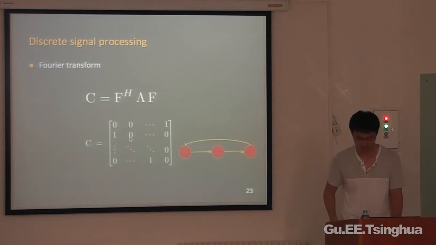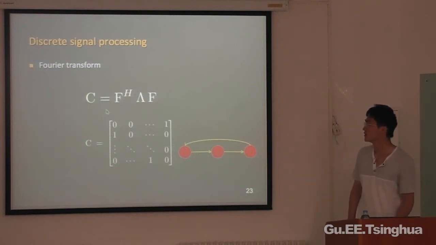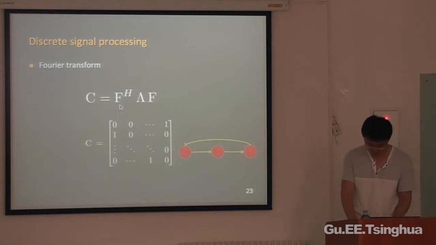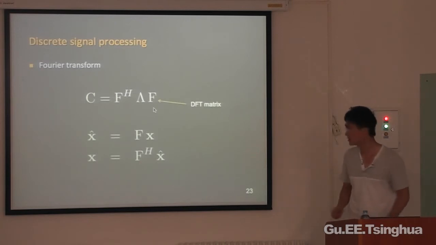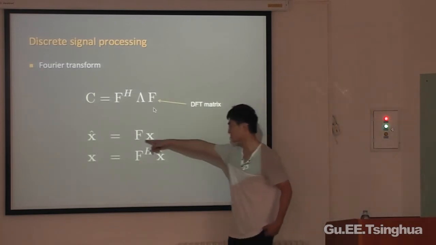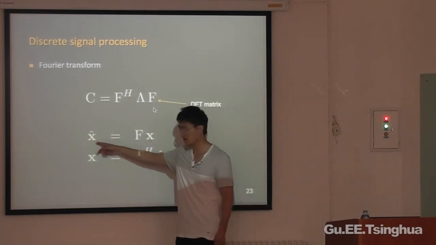So Fourier transform. Fourier transform is what we get if we do the eigen decomposition of the cyclic permutation matrix. Their eigenvectors form the DFT matrix. So this is the DFT matrix, this is the signal, and this is the signal in the spectral domain.